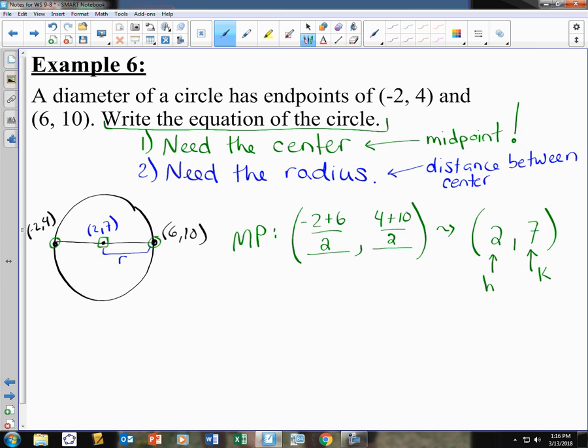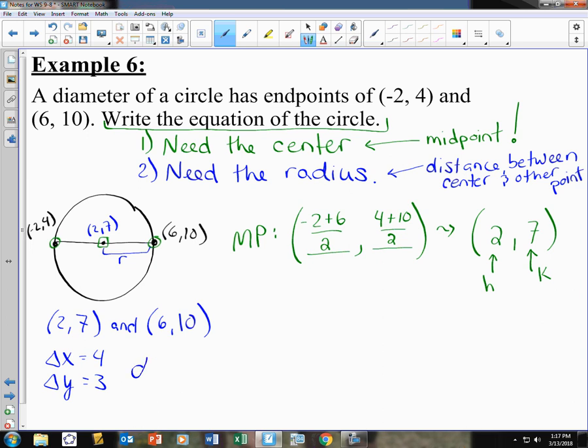So let's see here. I'm just going to do the points that are positive. So if I am finding the distance between 2, 7 and 6, 10, let's see. Change in x is 4. Change in y is 3. So my distance is the square root of 4 squared plus 3 squared. So the distance is the square root of 16 plus 9.